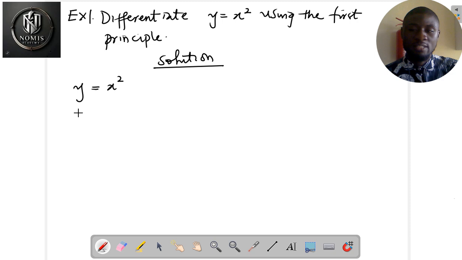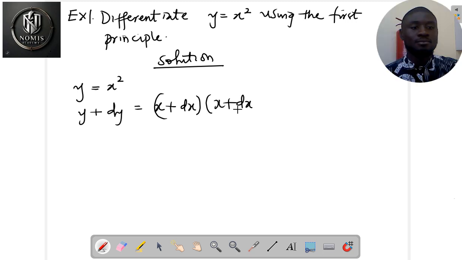Then we can tell that y plus δy, the change in y, equals, here we have x squared. And remember, if it was just x, it would have been x plus δx. And now that we have x squared, that would be (x plus δx) times another (x plus δx).